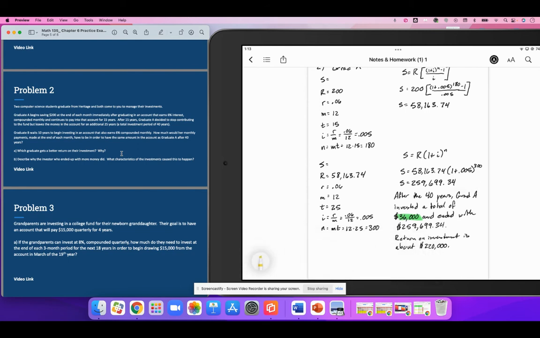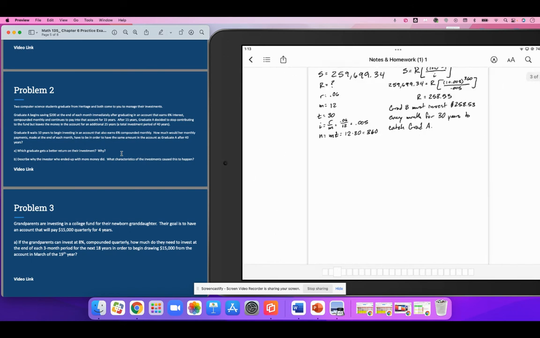The ending value was $259,000, and the return was about $220,000. So we need to figure out how much graduate B invested, what they ended with, and how much they made on the investment. So let's get right to that.